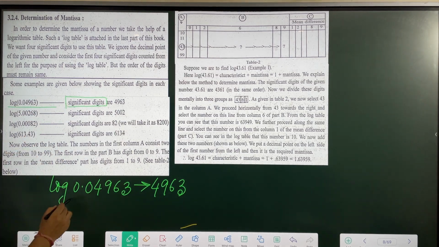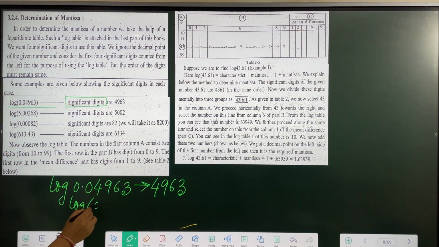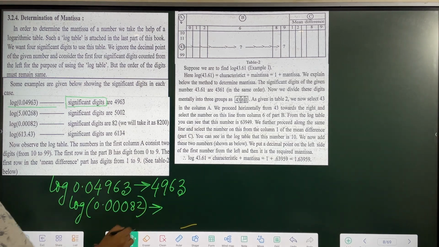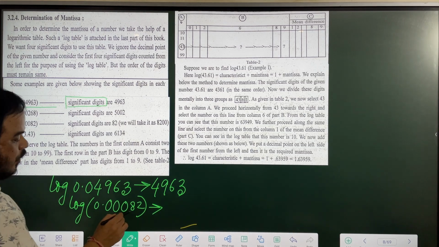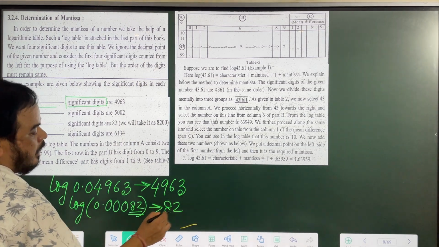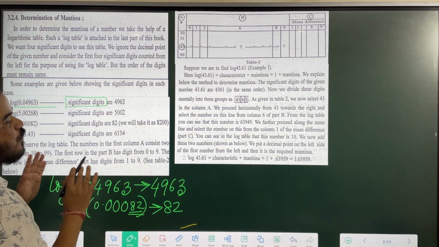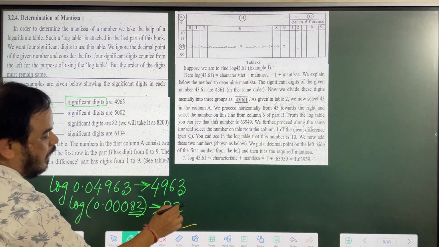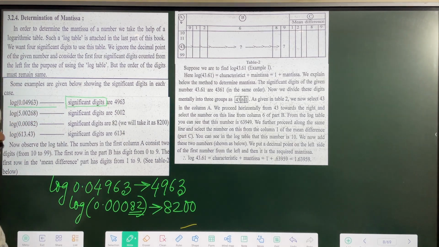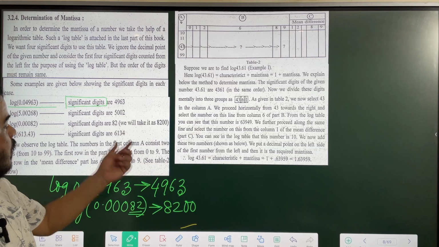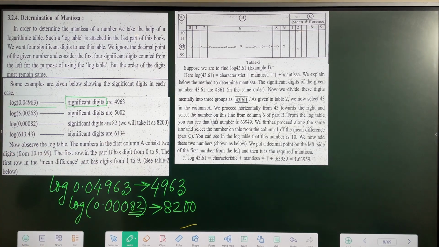Again, log 0.00082. Its significant digits are 82, only the numbers. And remember that significant digits should always be 4 digits. Here only 82 is there, so we have to put 2 more zeros ourselves to make it 4 digits.